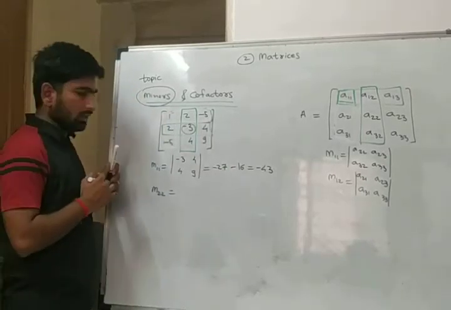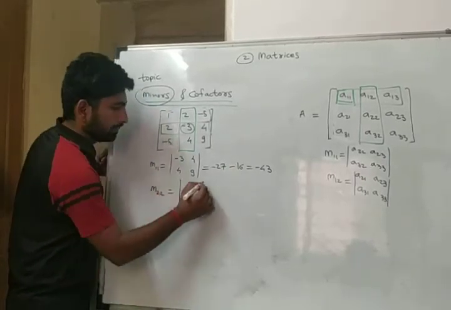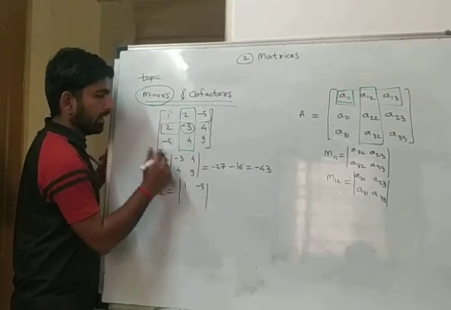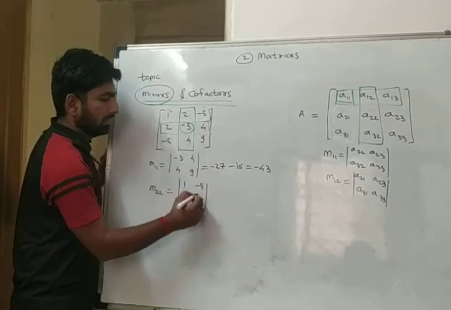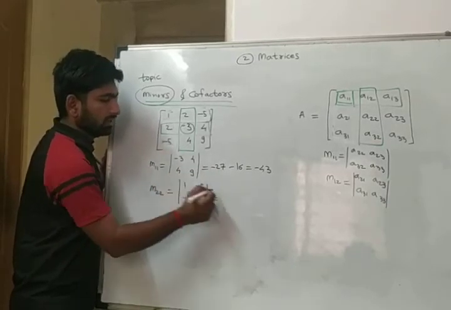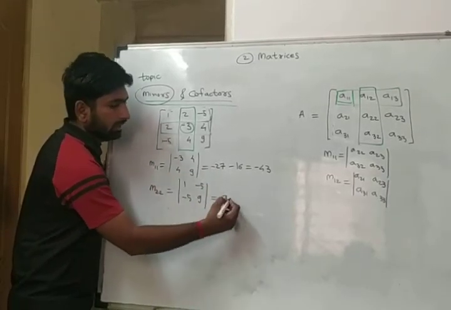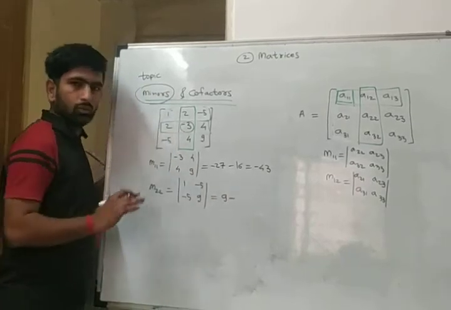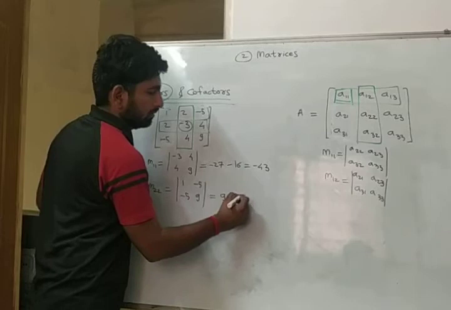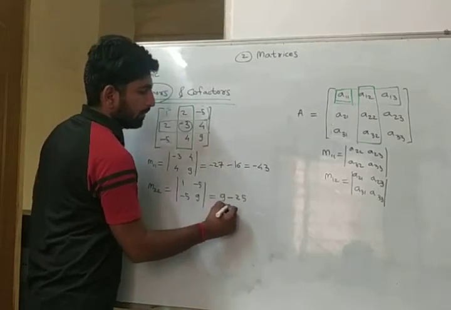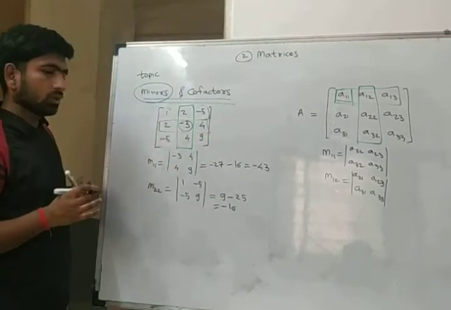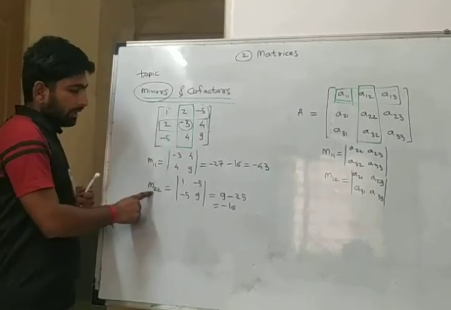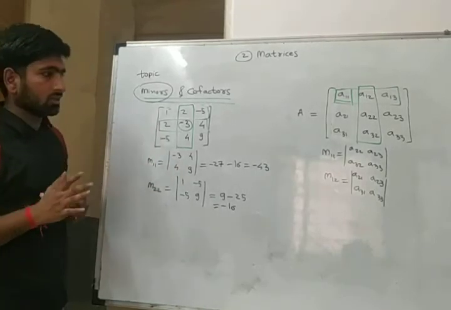The remaining part is taken in the minor, that is 1, -5 and -5, 9. The minor is 9 into 1, 9, minus 5 into 5, -5 into -5, plus 25. That's why it is -16. These two are the minors M11 and M22 for these positions.